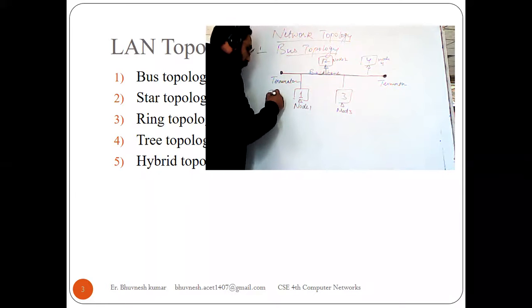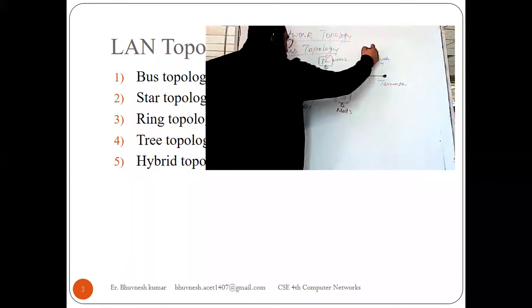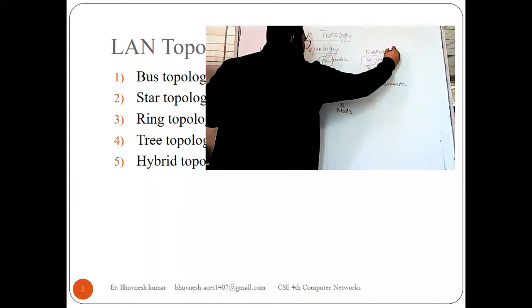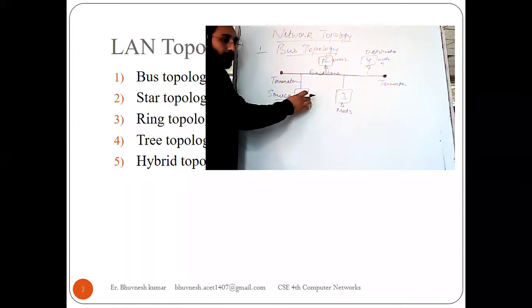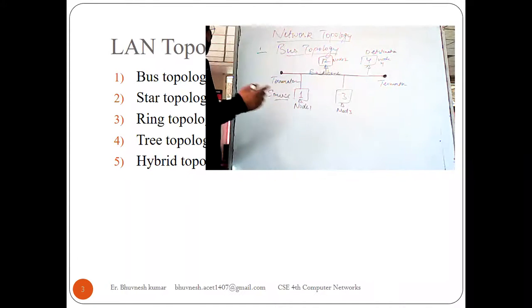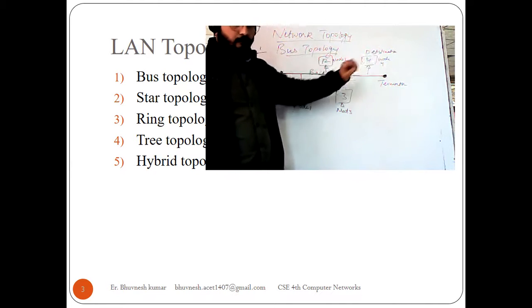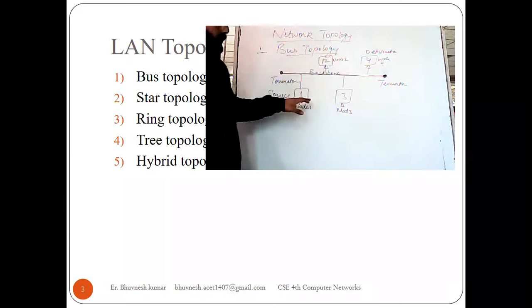This is your source from where I have to send the data, and up to which location, that is the destination. Then I will send the IP address of PC4, and in this manner your communication is there.